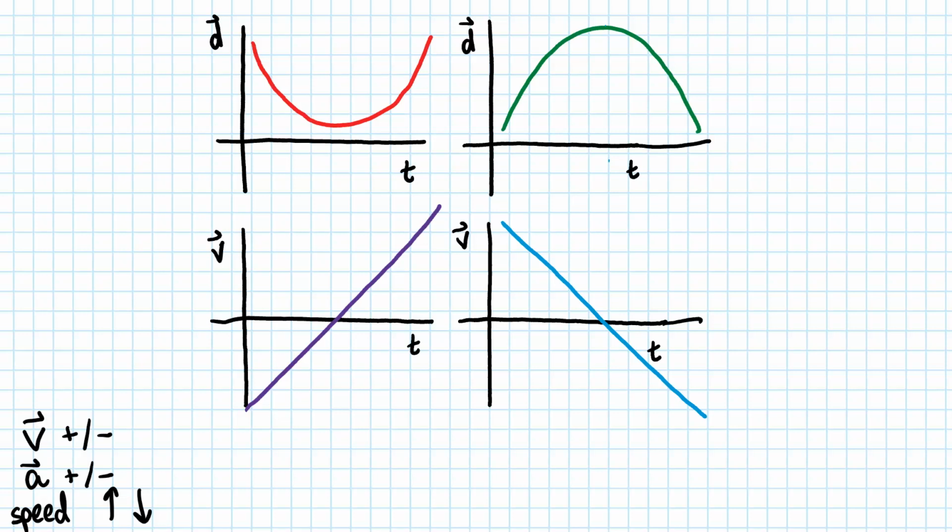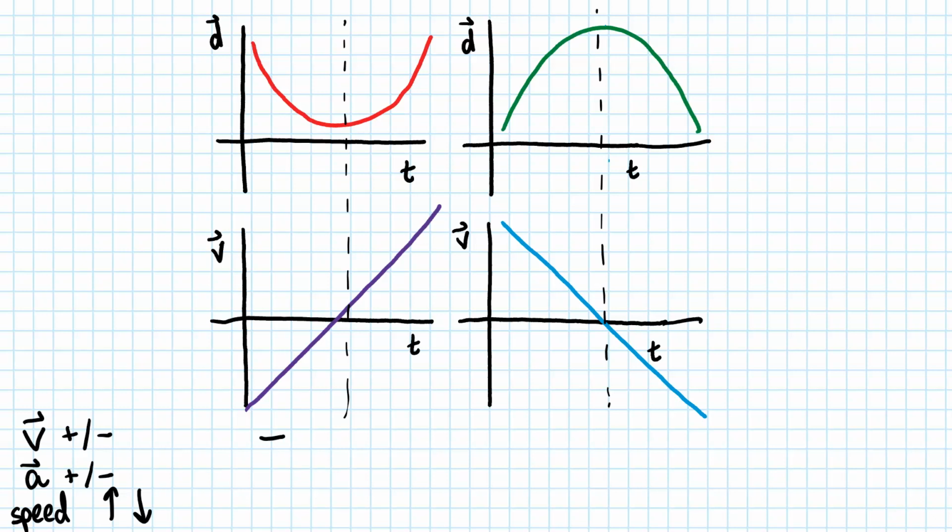As for velocity, if I look at these graphs, I'm going to split them each down the middle because that's where there are changes to all this. If I look on the left side of the graphs on the left, I know that the velocity in these cases is in the negative direction.